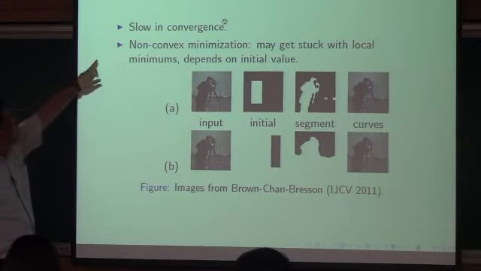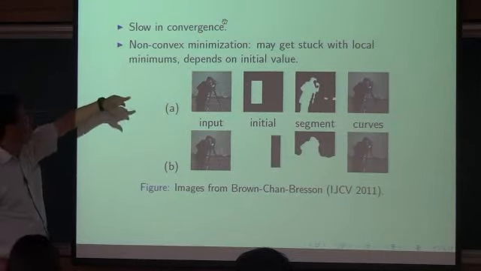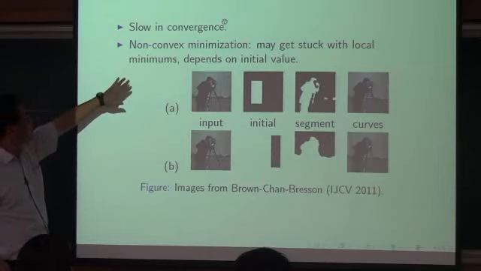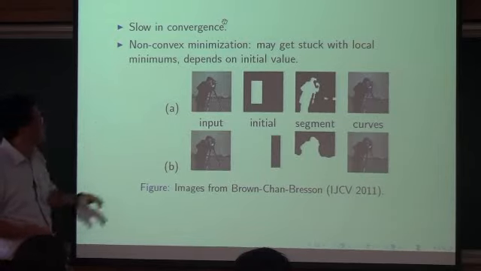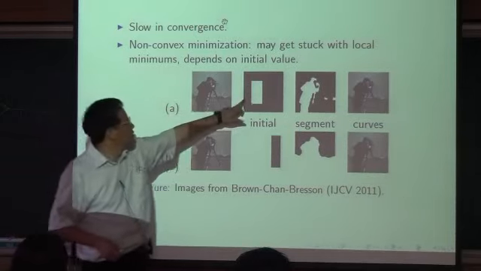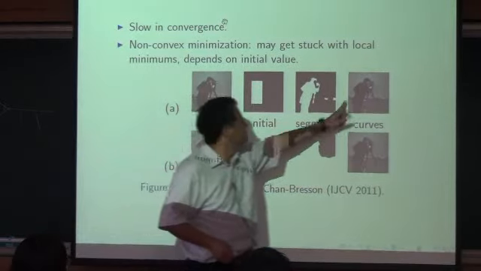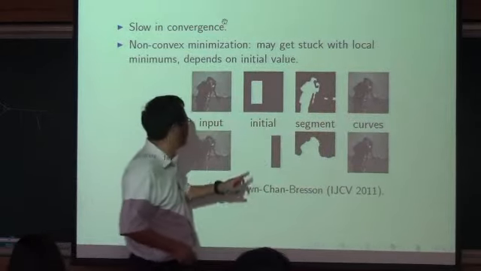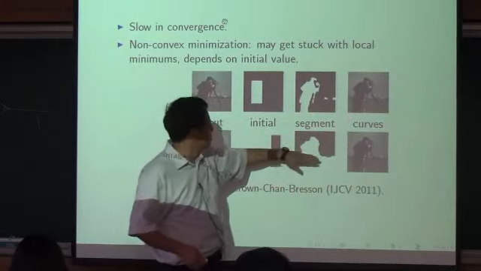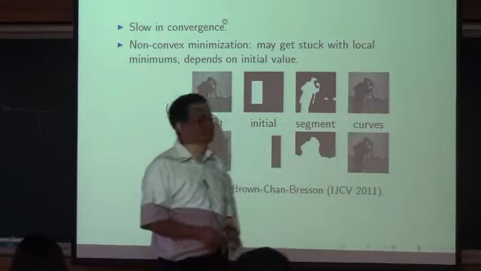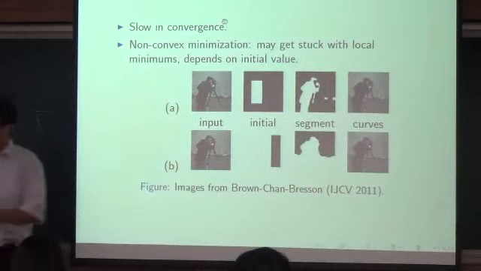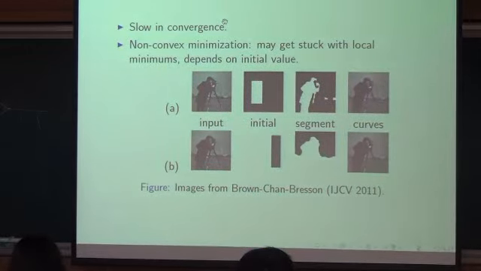Another disadvantage is due to its non-convex minimization: it gets stuck with a local minimizer and depends on initial values. Here you start with this curve and you segment the cameraman out. You start with this curve and you segment only the upper part. That's due to the non-convexity. You get stuck with a different minimizer.